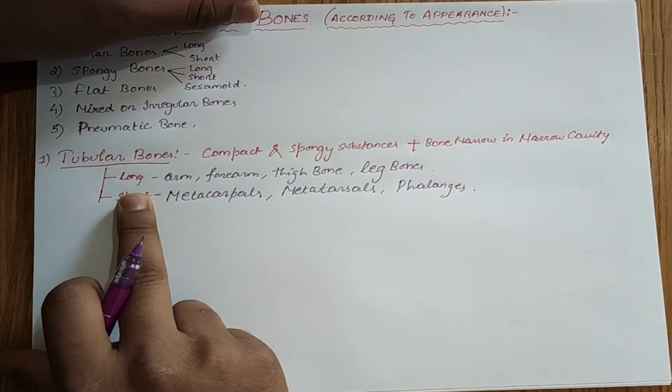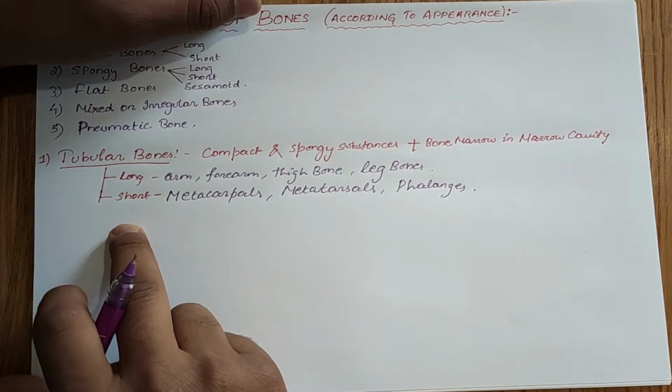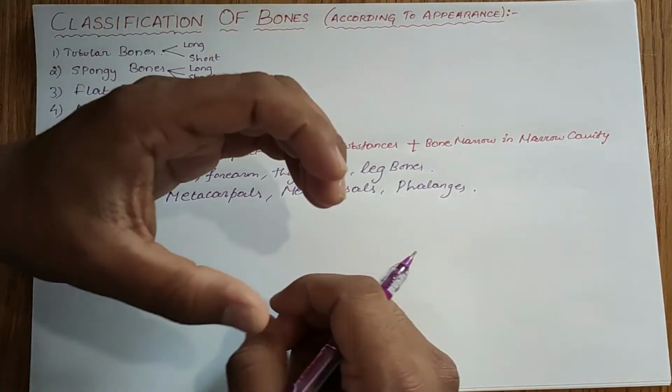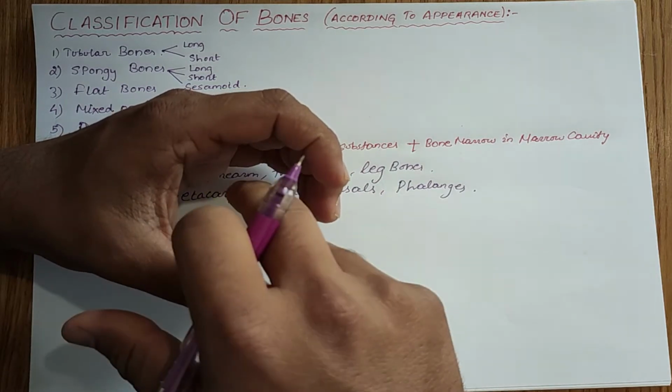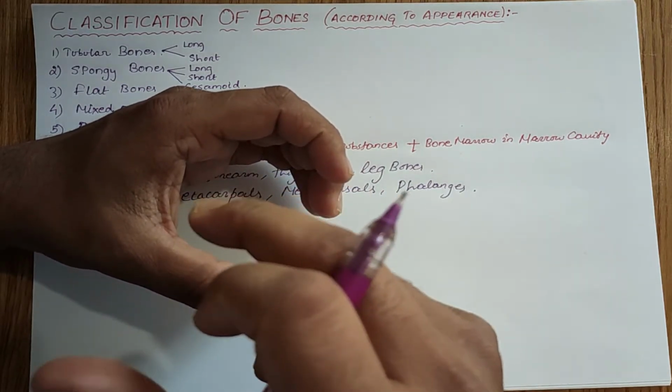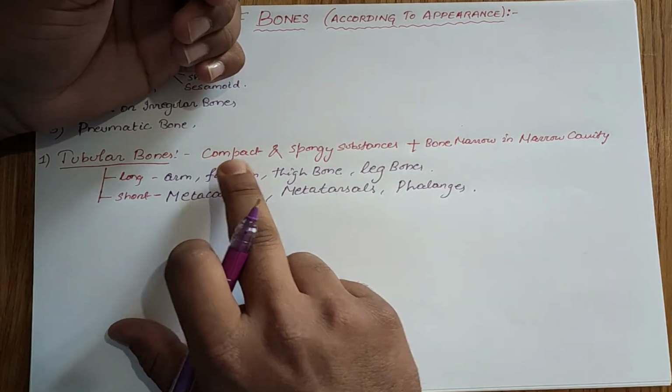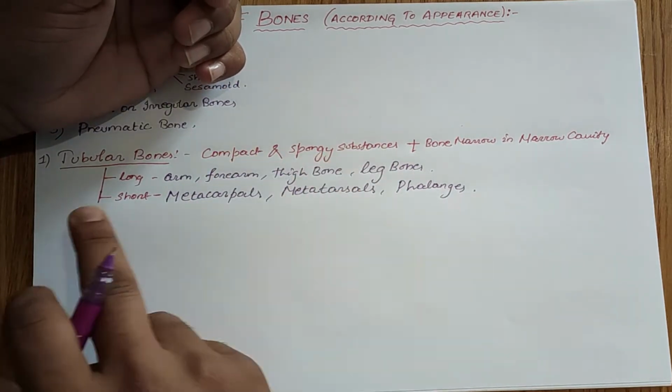These are the examples of long and short tubular bones. Tubular means there is a tube-like structure with a marrow cavity inside, in which the bone marrow is present, and it also comprises both compact as well as spongy substances.